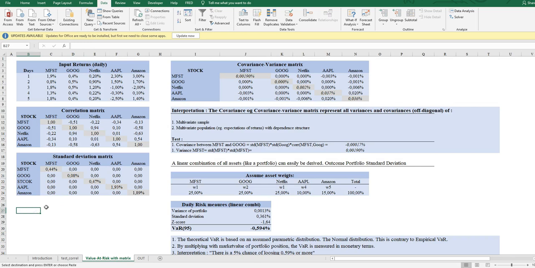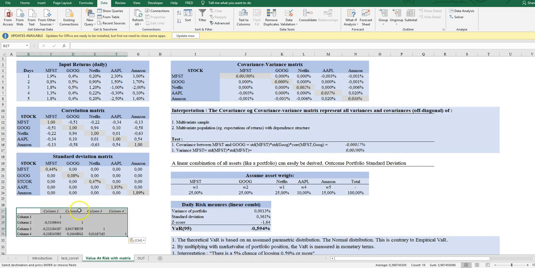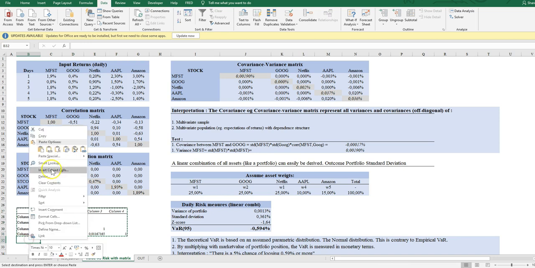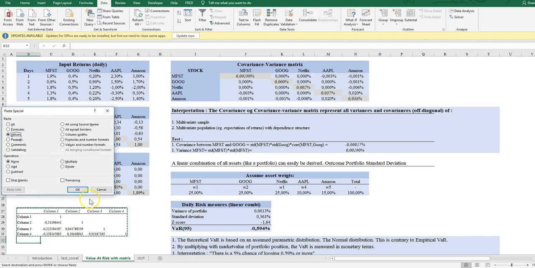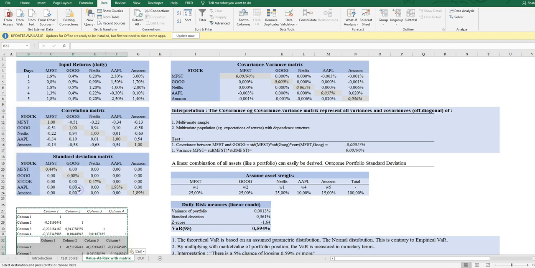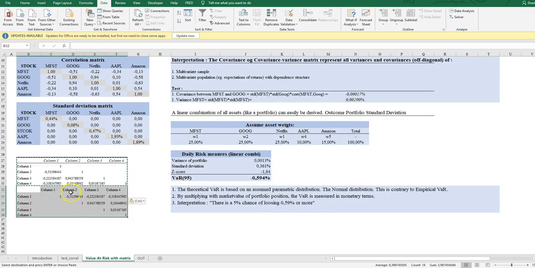You could have added the names as well in the menu. I didn't do it. So here is actually the same numbers as up here. I would need to transform it to make it look better.